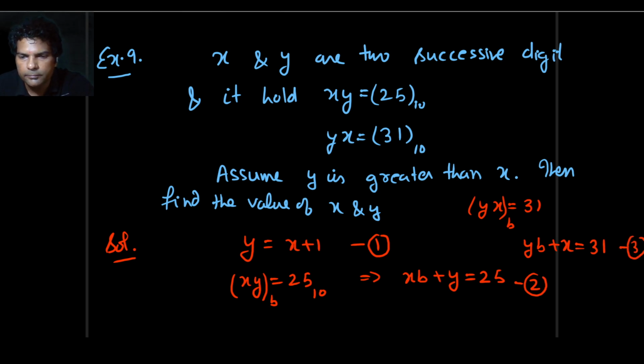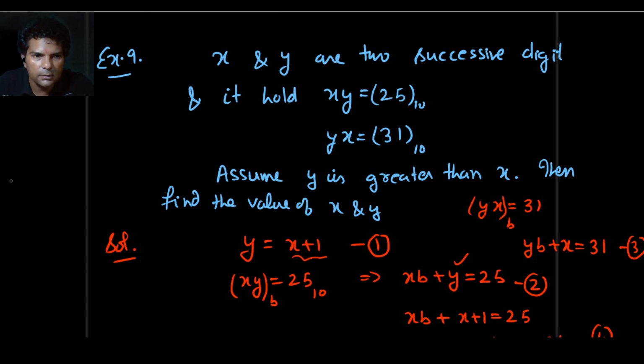Now substituting y, xb plus x plus 1 is equal to 25, so xb plus x is equal to 24. This is equation number 4.